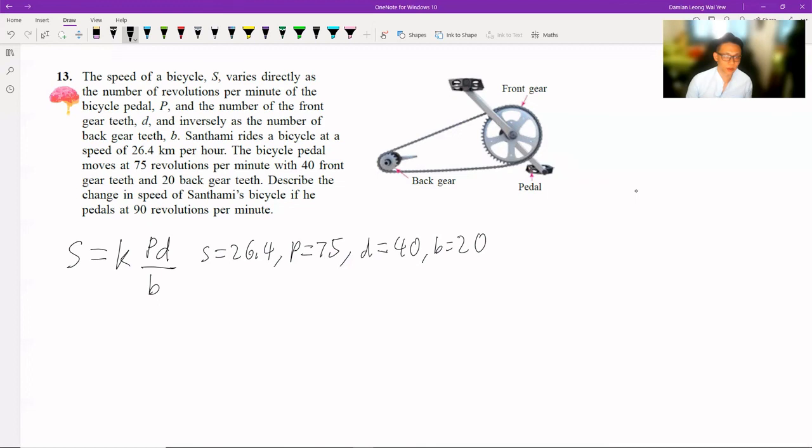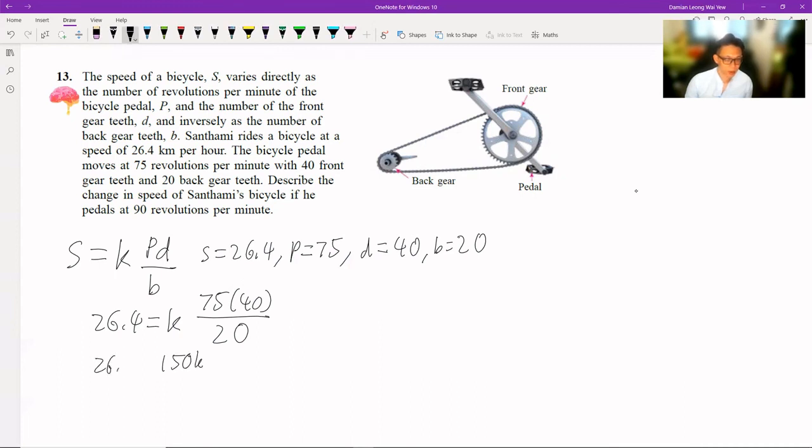So first we have to find K. Substitute these four values to find K first. 26.4 equals K times P is 75, D 40 over B, B is 20. I can just cut here 2, means 150. Let's calculate this one first.